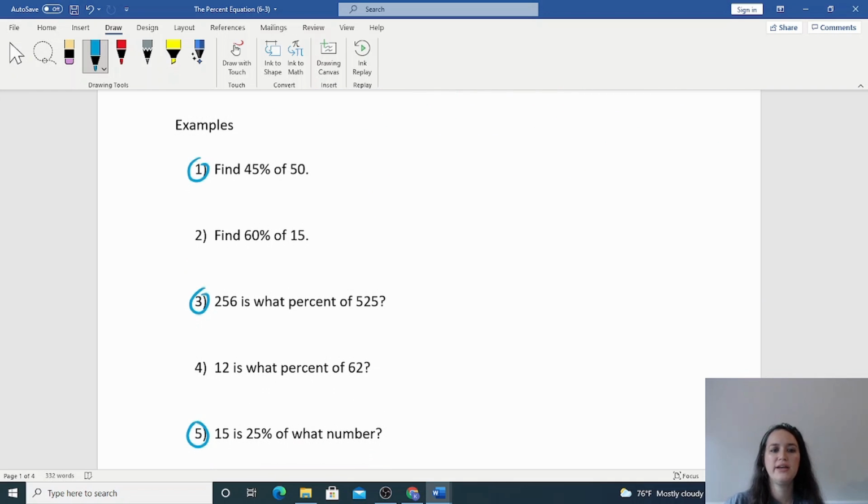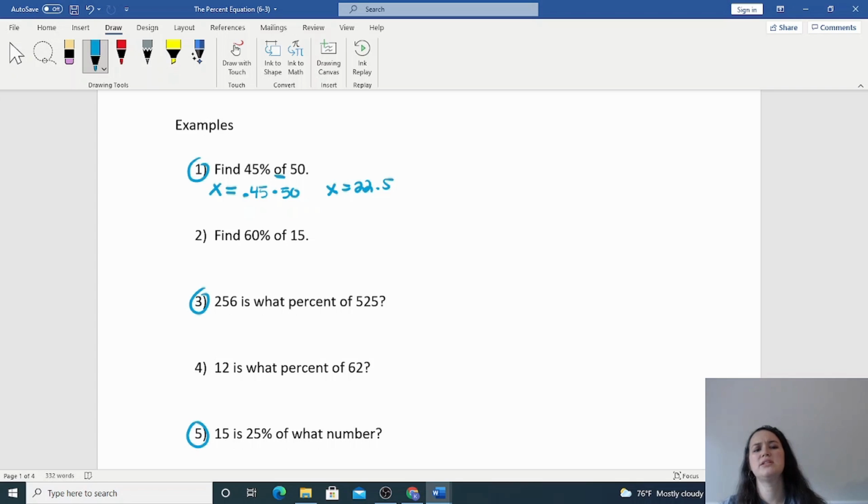Okay, find 45% of 50. In math, when I see "of" like this, it means multiplication. I don't know what I'm finding, so that's going to be my x. X equals, and that's just a variable I picked, you don't have to use x. 45%, let's make that a decimal, 0.45, of, there's my times, 50. Now this is just an easy calculator problem. 0.45 times 50, so x equals 22.5.